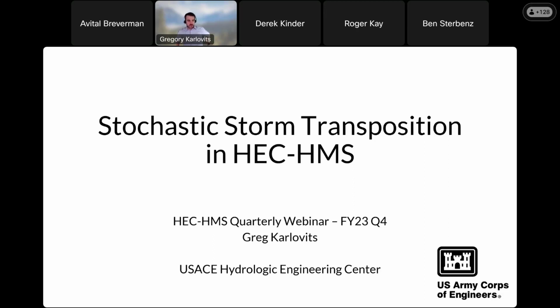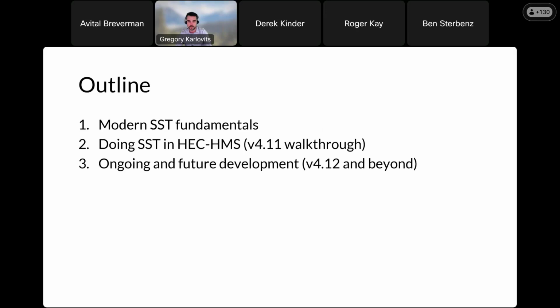One thing I want to warn you about this presentation, I don't normally do animations. There's going to be a few animations in here, so if you're looking at these slides after the fact, they may look a little funny. It might lose a little bit of clarity, but we've got some dense slides and I wanted to break those up just a little bit. So we're going to do a brief overview of the fundamentals of SST. There's a few other presentations that we've put out there so far that cover it in a little more detail, so I'm going to keep this part brief so we can really talk about the nuts and bolts of actually performing a stochastic storm transposition analysis in HMS.